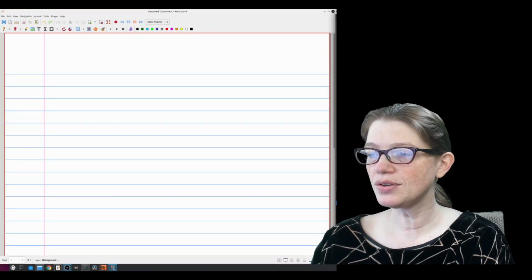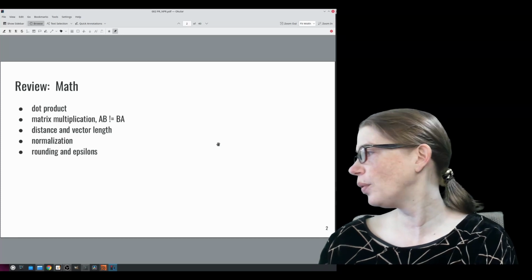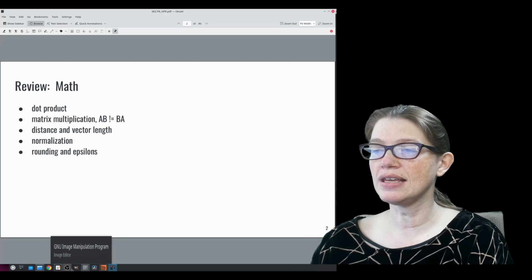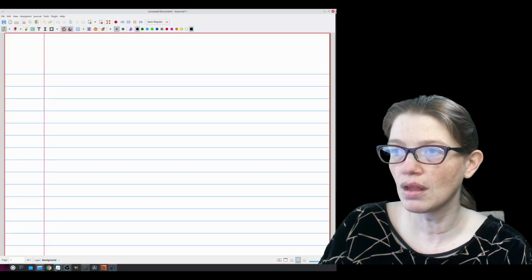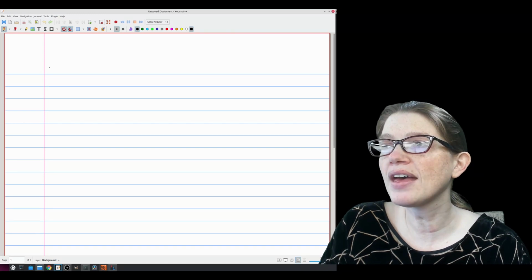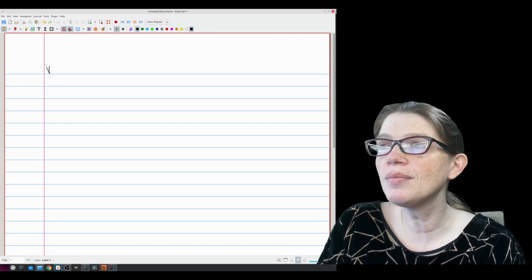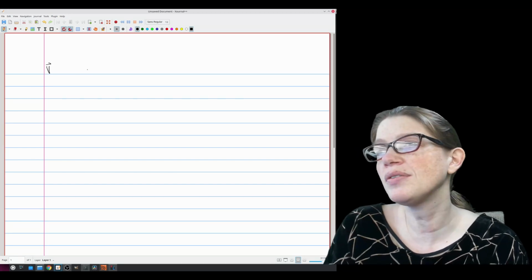So just to give you a brief list of the different math that we're going to review, we're going to start with the simplest one, which is the dot product, which I'm sure many of you remember. Let's say we have a vector. We usually put a little arrow on top of it to say this is a vector, but you don't have to do that.